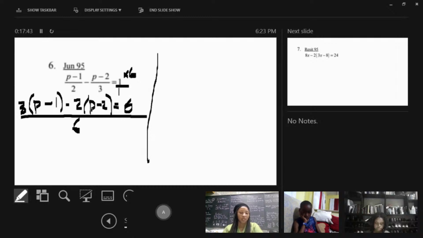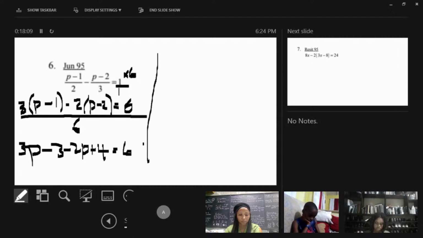Yes, Miss. So now that they're all over the same denominator, we can ignore the denominator. So expand the brackets for me. 3p minus 3 minus 2p plus 4 is equal to 6 over 6.